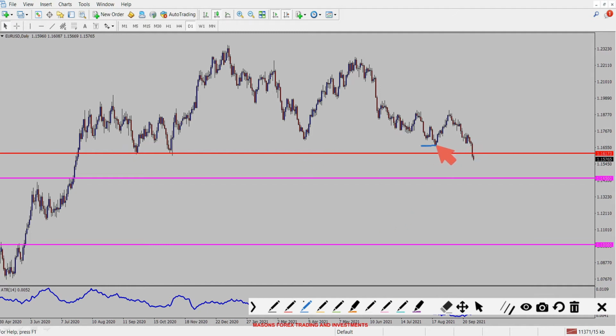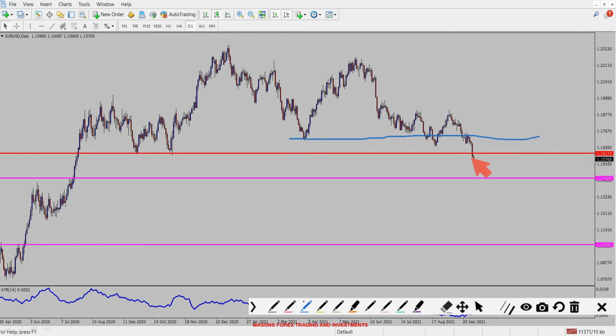If price could actually retrace to this level, push up higher, give us a rejection bar, followed by an engulfing bar, this could be a potential sell signal. If this fails for whatever reason, we can look at the next level.